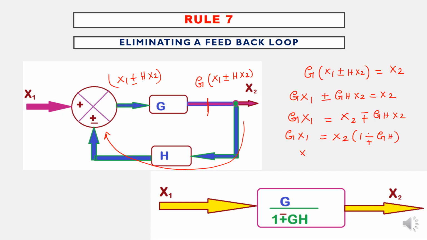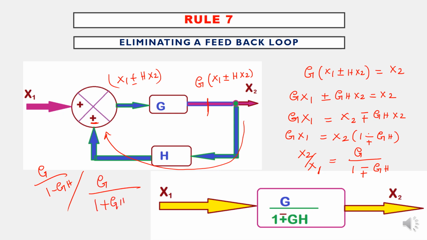So what is X2 by X1? This is the transfer function, that is G divided by 1 minus or plus GH. For a positive feedback loop, the answer is G by 1 minus GH. If you use a negative feedback loop, the answer is G by 1 plus GH.